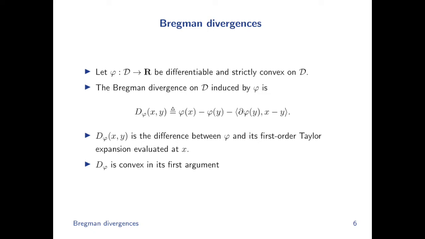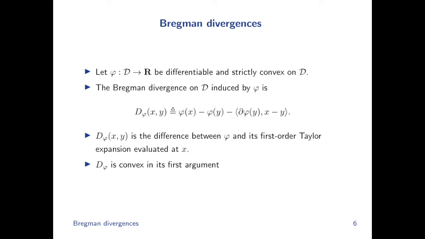So there's going to be a difference between the function value, the value of the actual function at x, so phi of x, and the value of the Taylor approximation at x. Right? This is the Taylor approximation taken at the other point y. Okay, and there's going to be a difference between these two, and this difference is the Bregman divergence. Okay. So, in summary, Bregman divergence is just the difference between phi and its first order Taylor expansion.